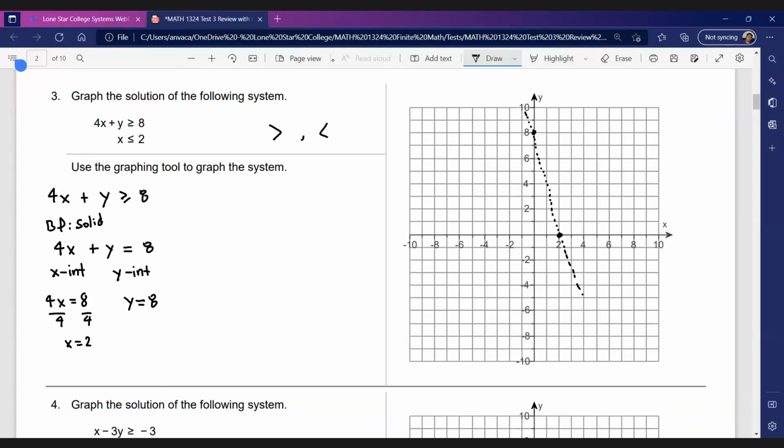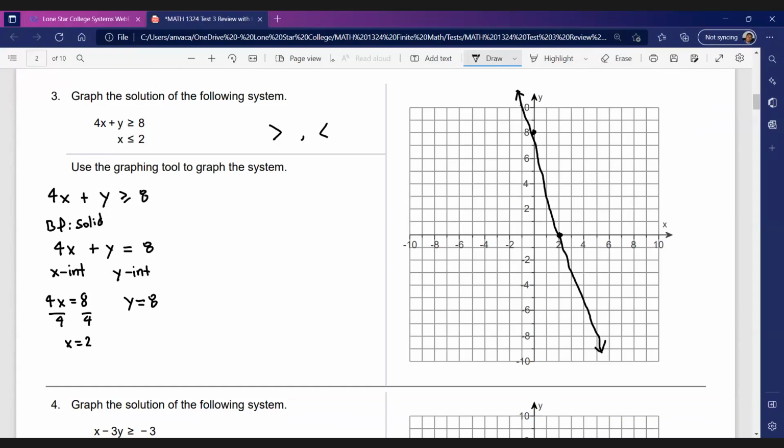But that's not the situation here, since the inequality symbol has the equal to part of it, the boundary line must be solid, okay? So I'm going to connect these 2 points with a solid boundary line. Okay, so I'm doing my best here.